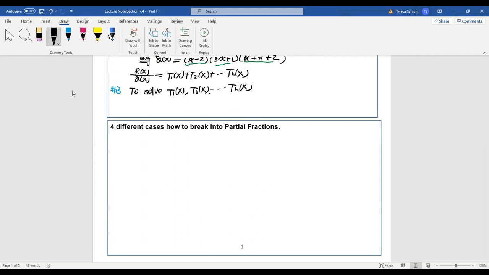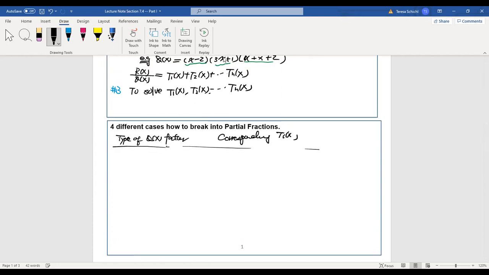Okay, so the first thing here is we want to see the type of Q(x) factor and the corresponding Ti(x). All right, so what I mean here, take a look.